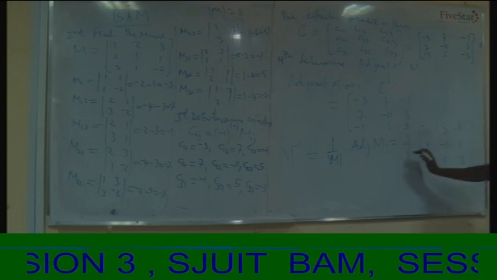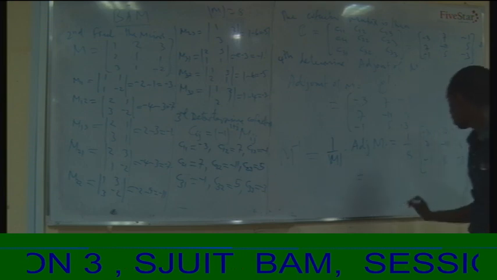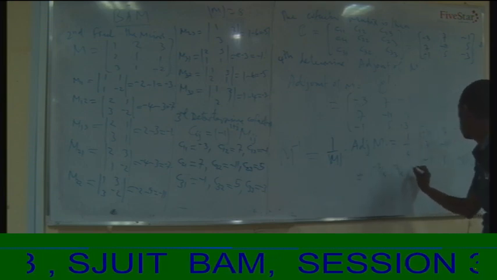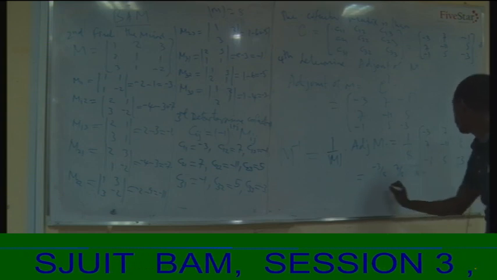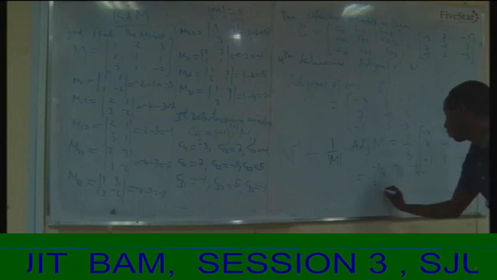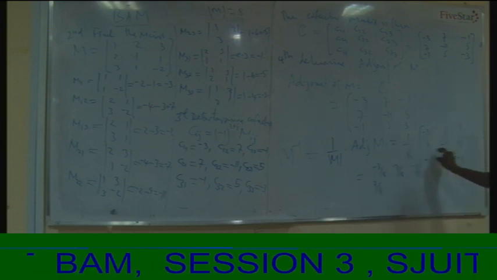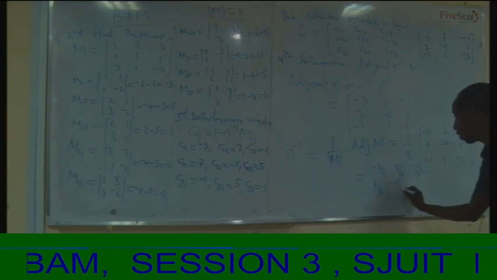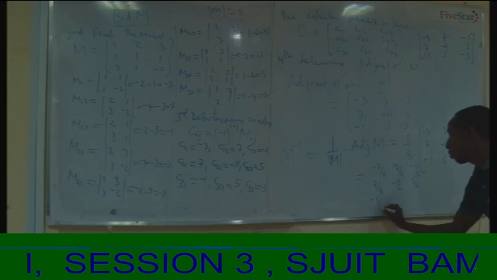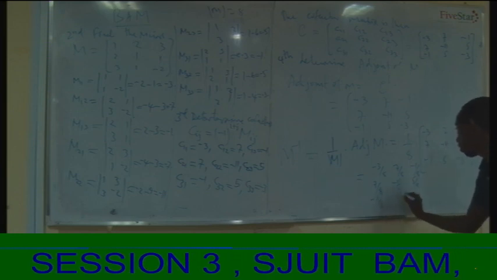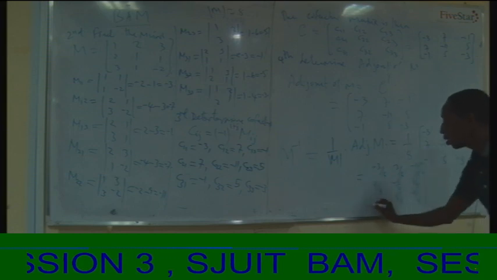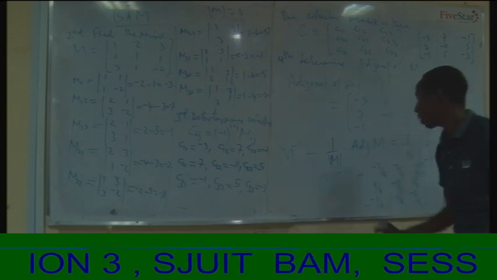Now multiplying, it is just the scalar multiple. We get -3 over 8, 7 over 8, -1 over 8. Then 7 over 8, -11 over 8, 5 over 8, and finally -1 over 8, 5 over 8, and lastly -3 over 8. This is the inverse of the required matrix.